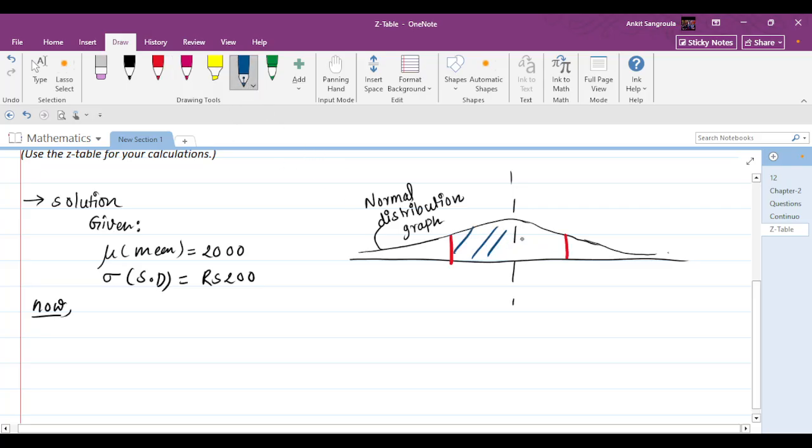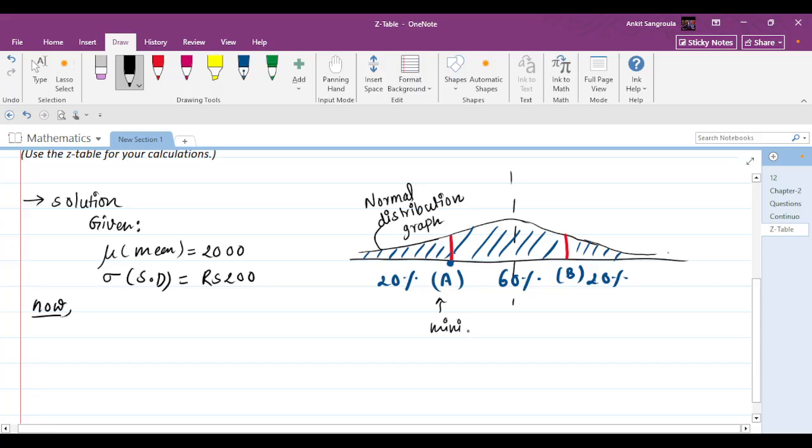When you have the middle 60%, you get 20% on this side, and 20% on this side, and 60% in the middle. So this 60% starts from this point, let's say this point is A, and ends at this point, let's say B. This is the minimum income, and this is the maximum income.